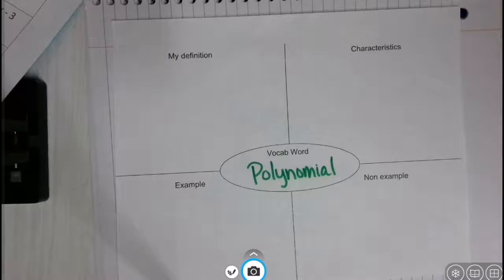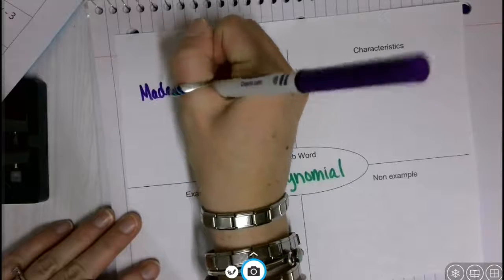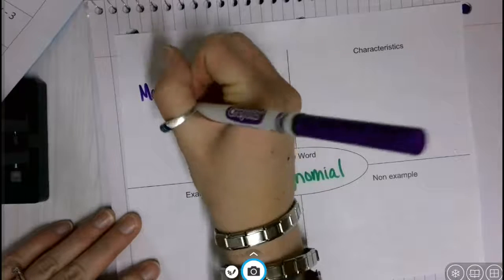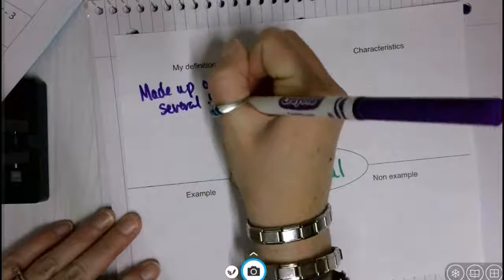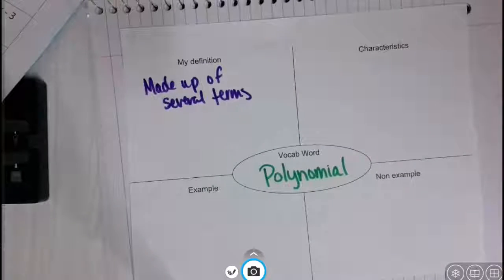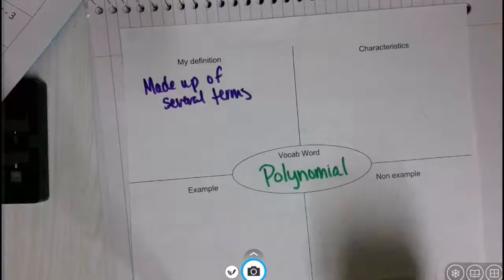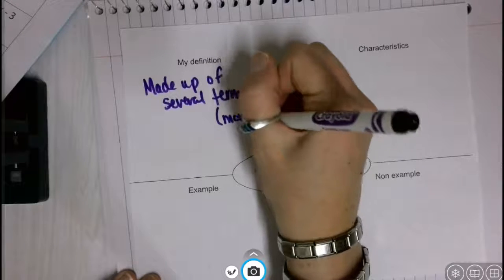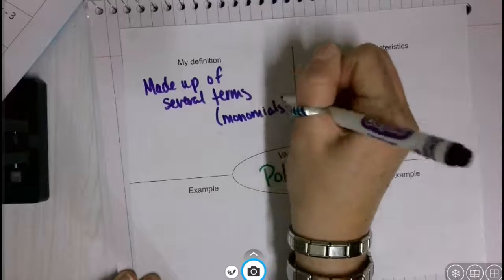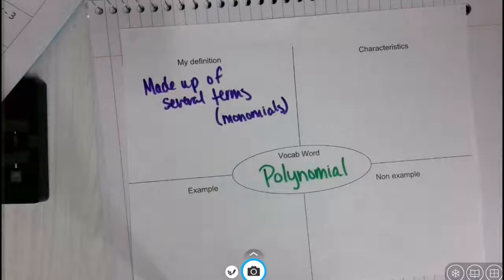So a polynomial is made up of several terms. Okay, that's just how we're going to say it. Several terms, and we're going to call them monomials. Right, mono means one. So let's give some examples and some characteristics. That's where we're really going to be focusing.